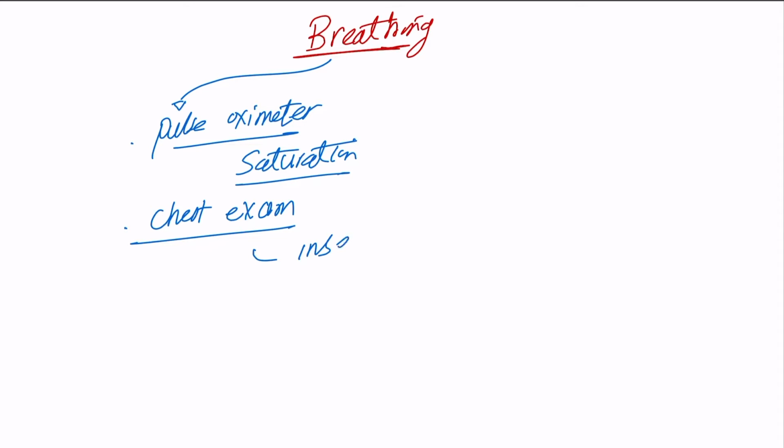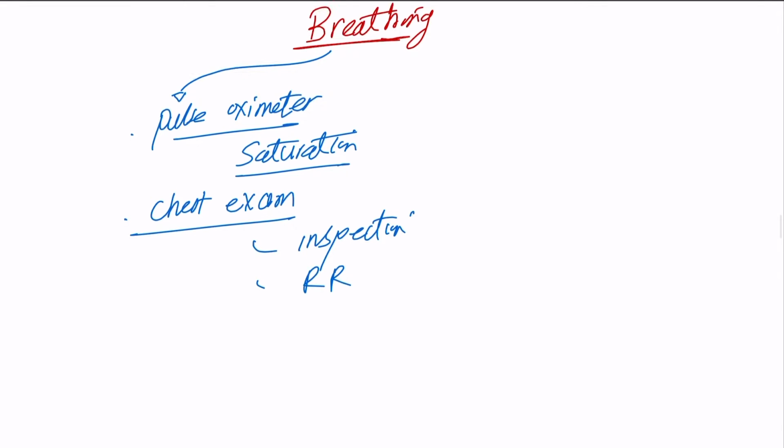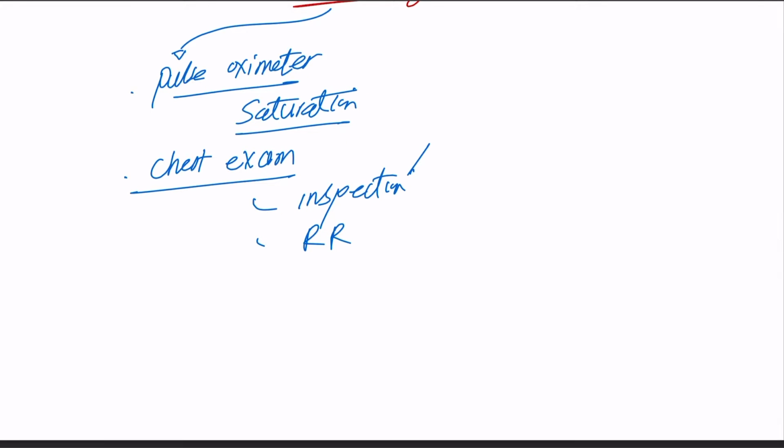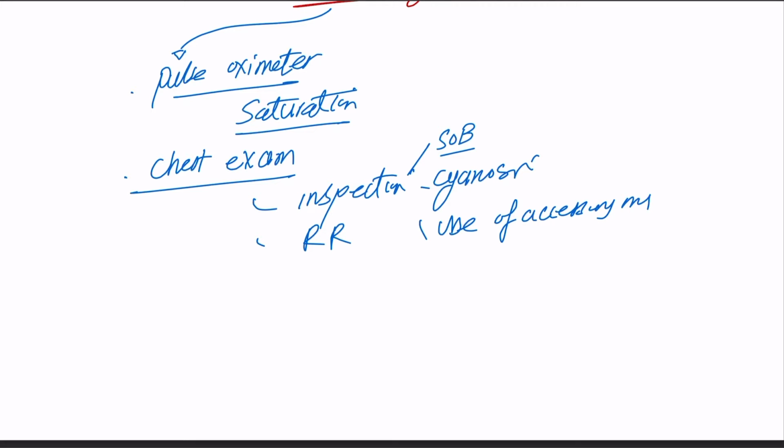Basically, you're doing an inspection, you're getting a respiratory rate, and in inspection you're looking for shortness of breath, presence of peripheral or distal cyanosis, or use of accessory muscles of respiration.